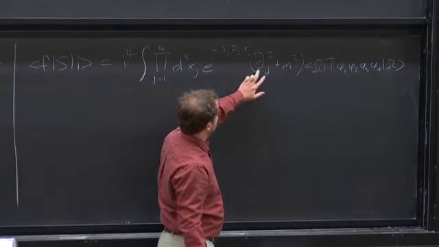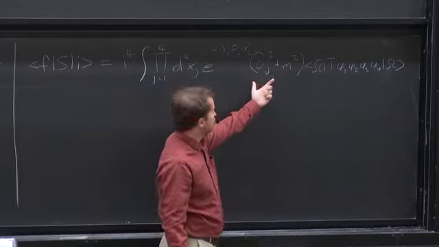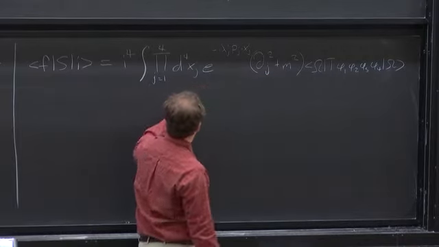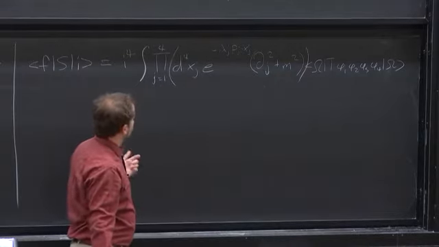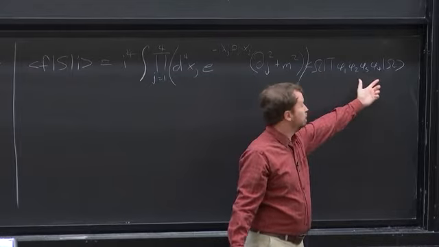This is a Laplacian with respect to x sub j, like days ago. This product is over this part. And we know how to compute this using Feynman diagrams.